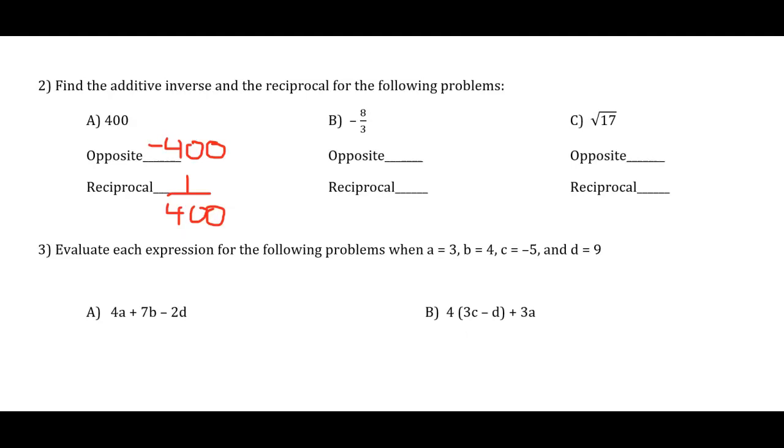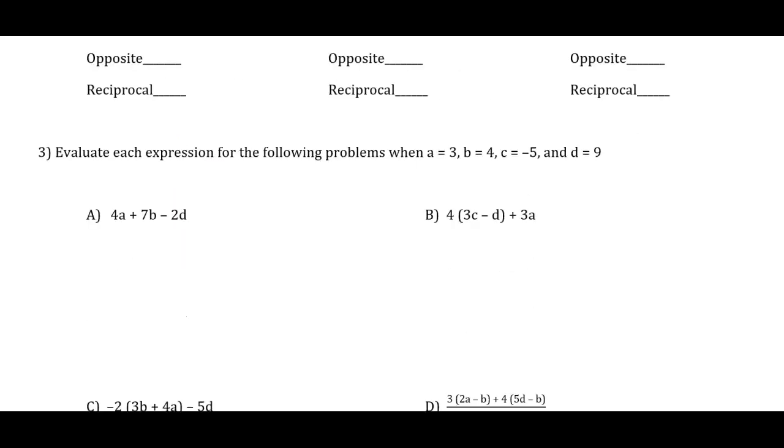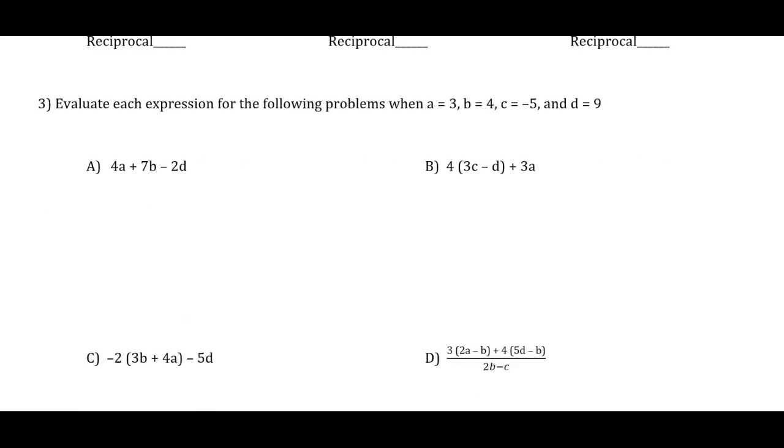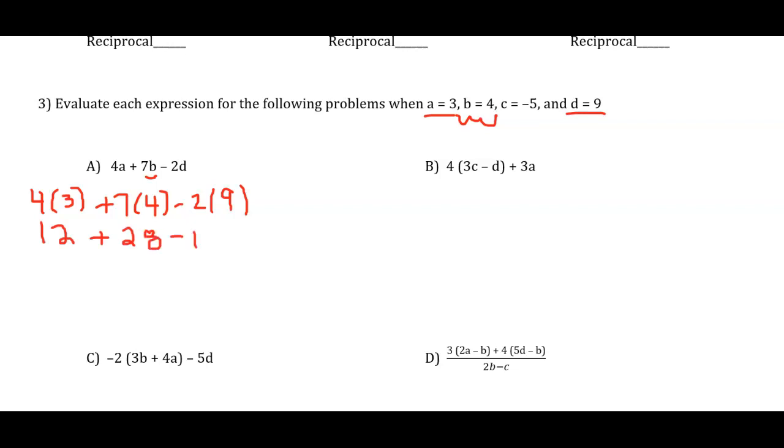In number 3, you are to evaluate the expression with the given values. So you're going to plug 3 in for every A, 4 in for B, and 9 in for D. Following order of operations, we have 12 plus 28 minus 18.